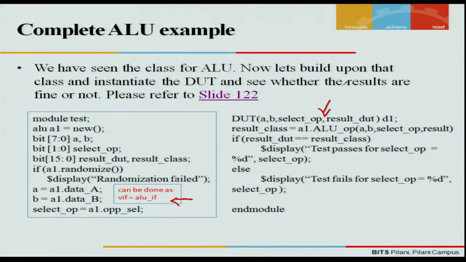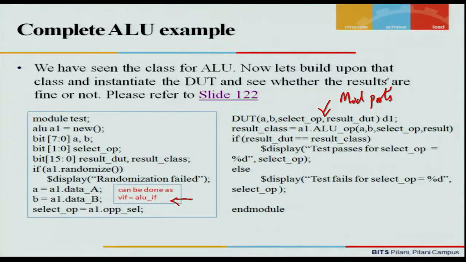You can also do it through modports in the interface, and this will be explained in the labs as well. So this DUT is passed all the inputs, and you are also calculating the result from the class, and that is done through a1.alu op, which was being passed initially.